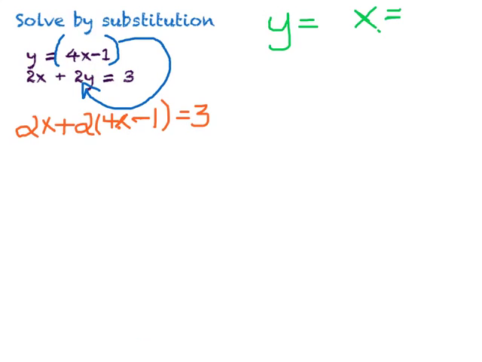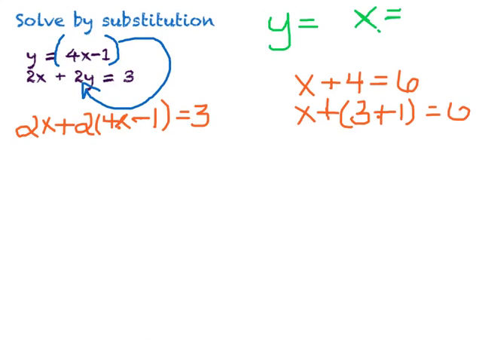Say I had x plus 4 equals 6, and somebody else said no, it's x plus 3 plus 1 equals 6. Well, 4 and 3 plus 1 are the exact same thing, so you're just substituting it. So that's exactly what we're doing in this problem.